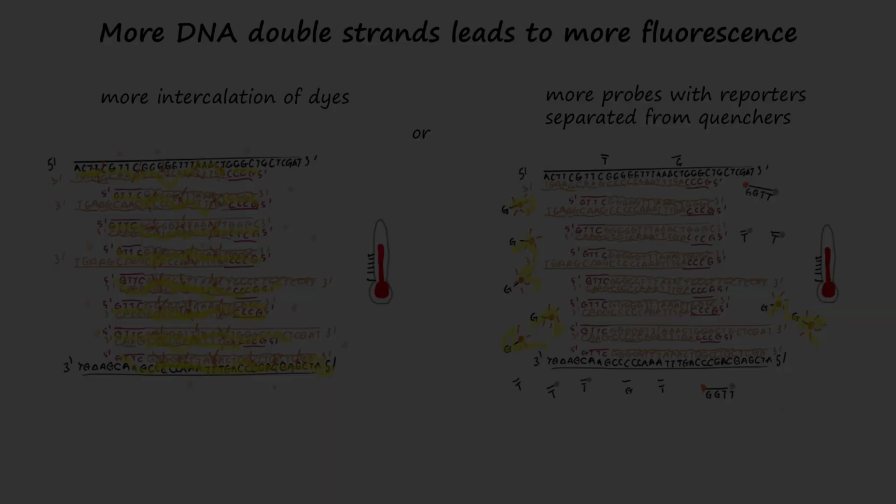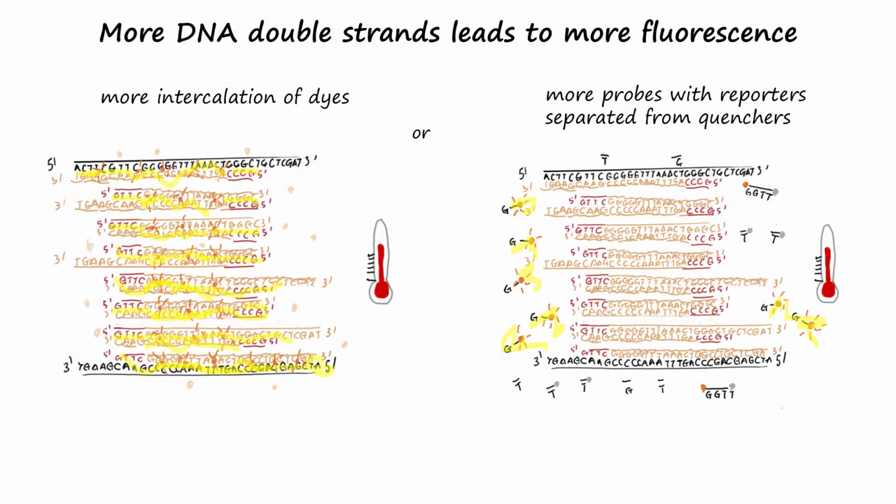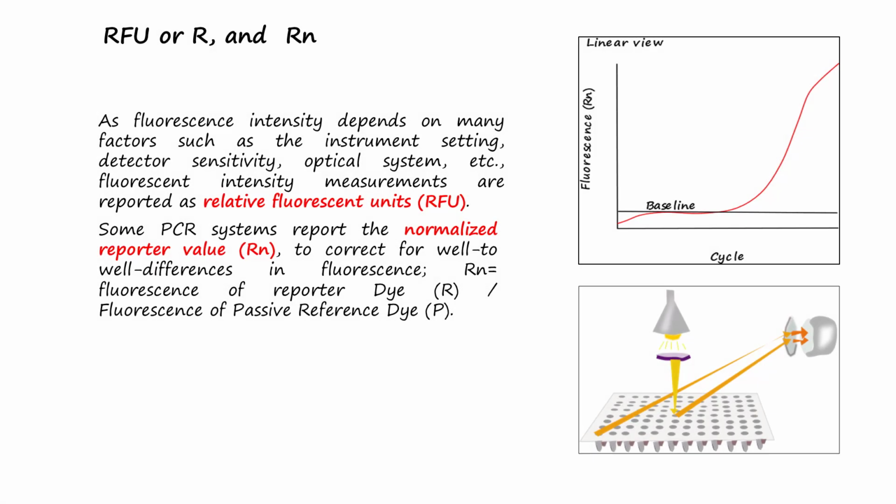fluorescence is detected when the dyes are excited at a specific wavelength of light from the real-time PCR instrument or thermocycler. Fluorescence intensity measurements are reported as relative fluorescent units, RFU, as fluorescence intensity depends on many factors, such as the instrument setting, detector sensitivity, and optical system.